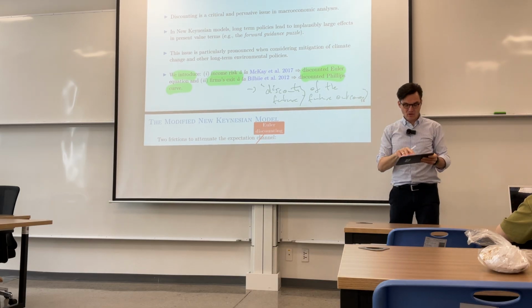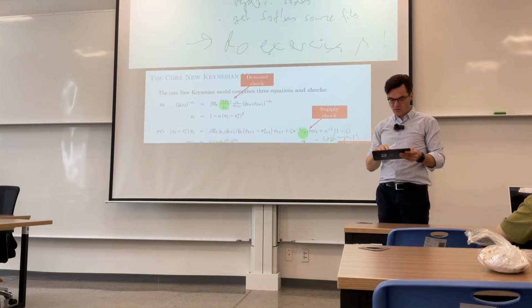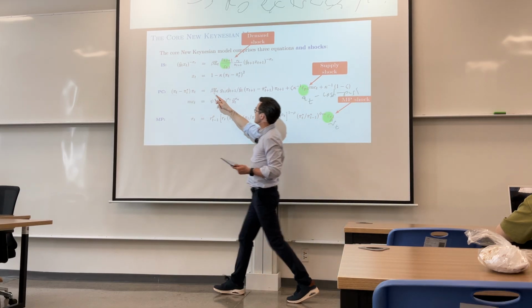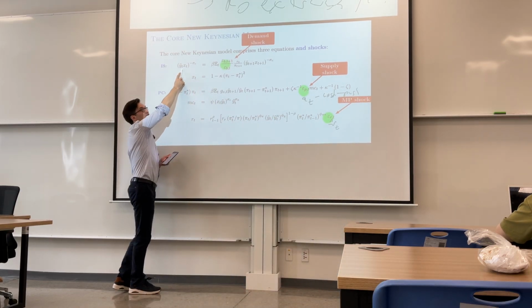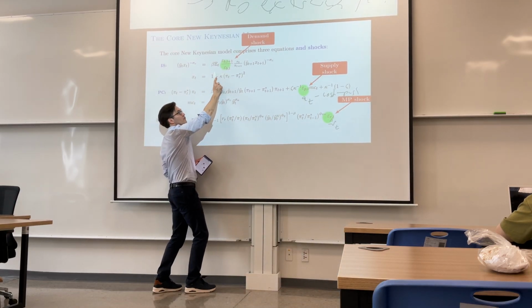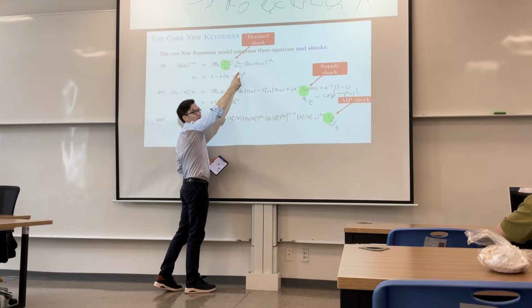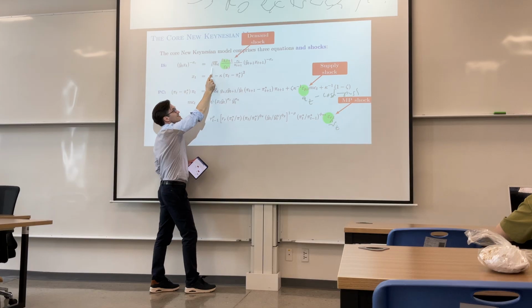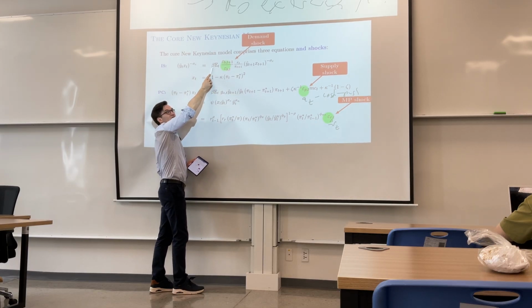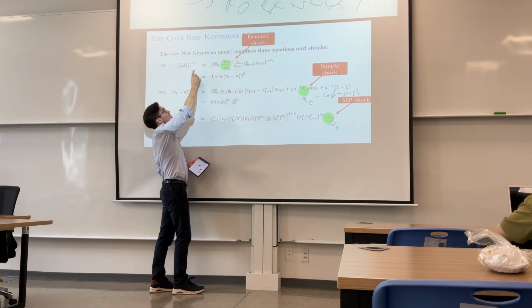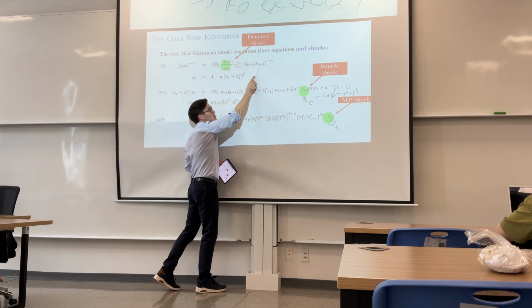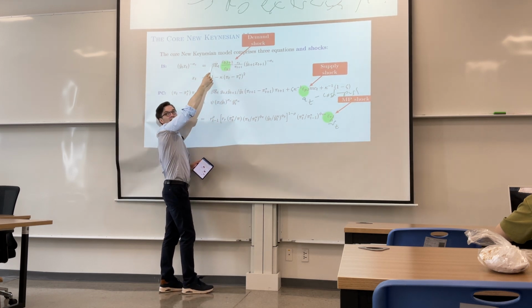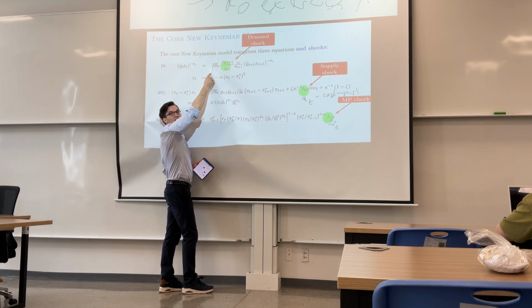Meaning, if you look at the standard Euler equation, our consumption today is a function of the future consumption, right? And there is a discounting here already. It's the household discount factor. But what they do is they add an extra discount factor in here that comes from income risk.